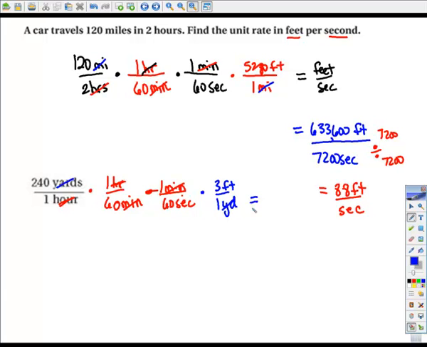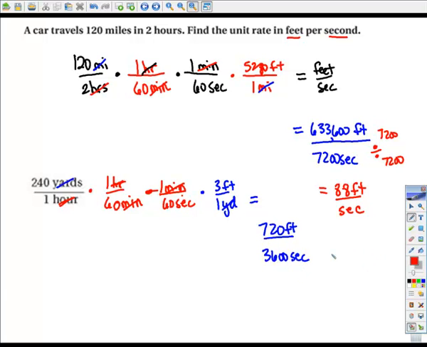240 times 3 is 720 feet. And in the denominator, I have 60 times 60 is 3,600 seconds.